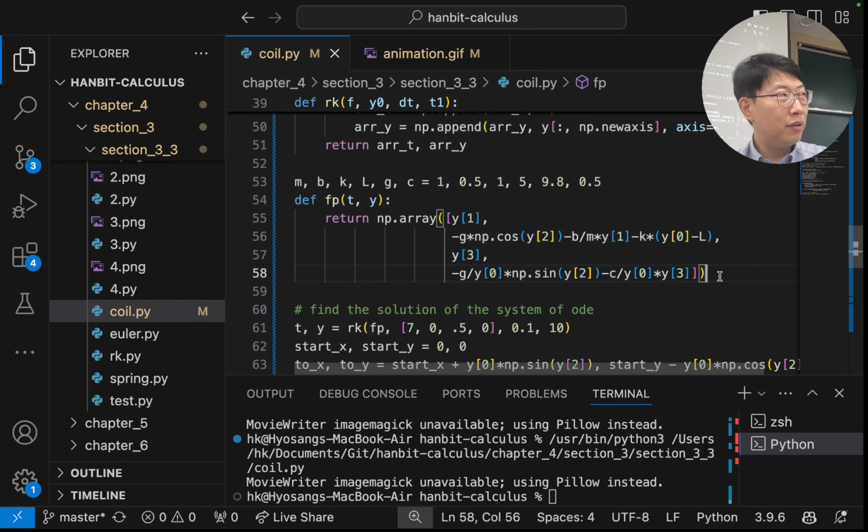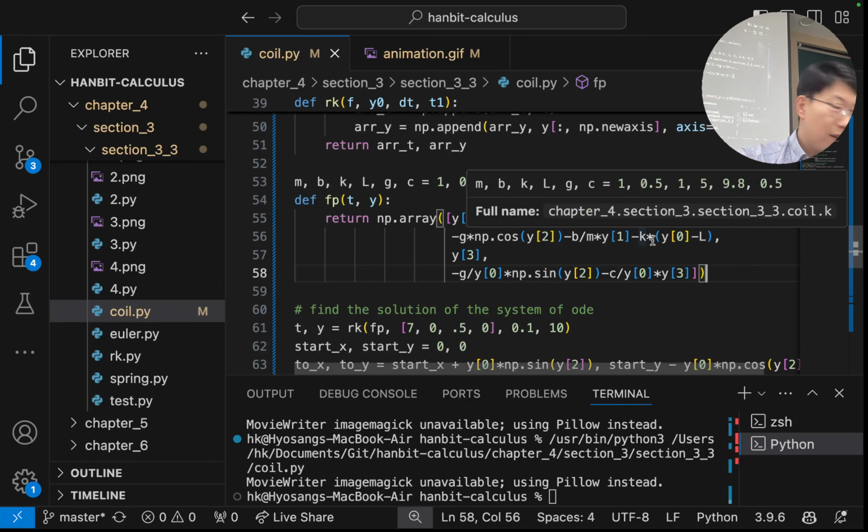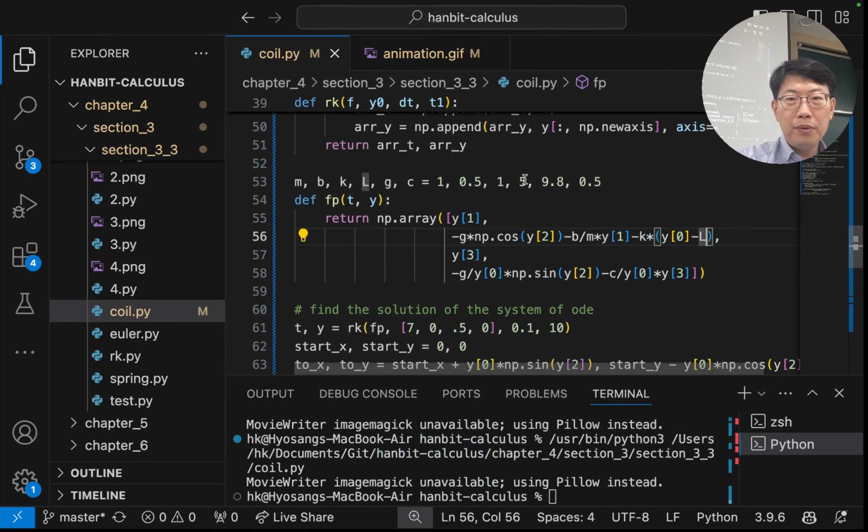I don't think there is any problem with the numerical algorithm. Here, L is supposed to be 5, and I stretched it to 7. Sometimes the problem is that I stretch too much, so it goes bouncing off the ceiling. So that might be the problem.